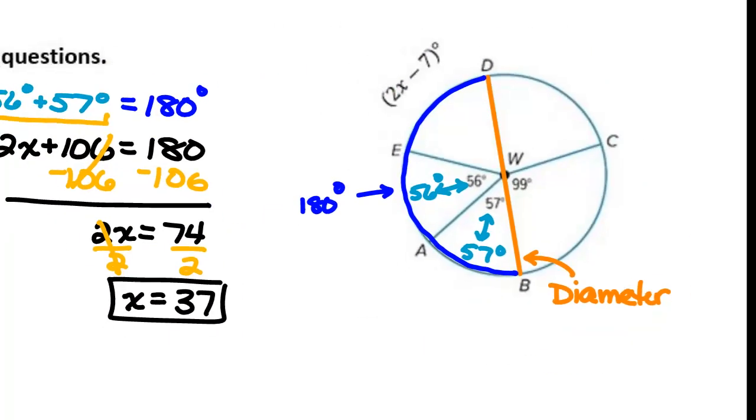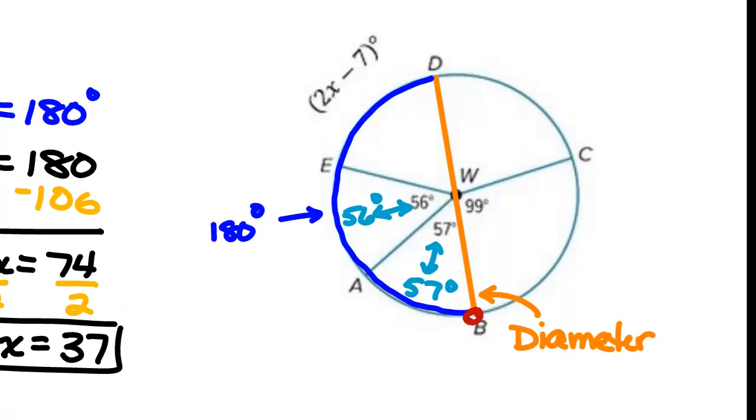All right. So now we need arc BEC. So I'm going to start at B. We're going to go in the direction of E, and then all the way around here to C. That is almost the entire circle. It's the entire circle except for how much?